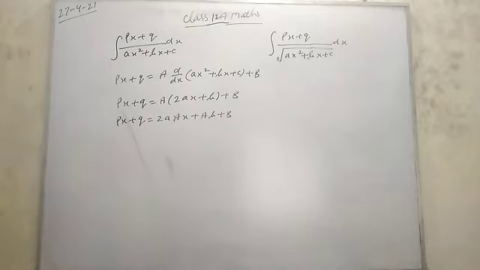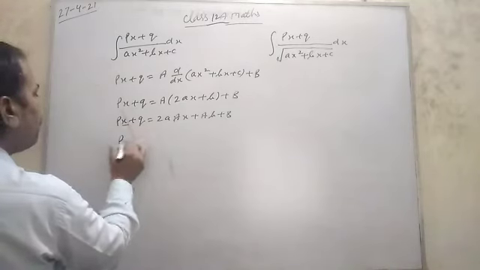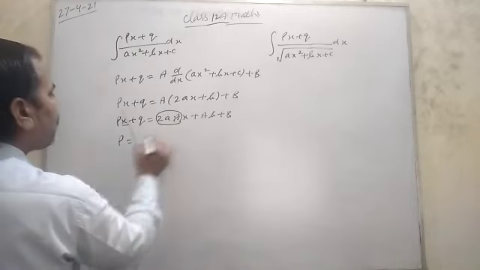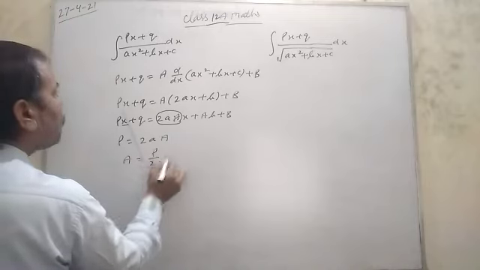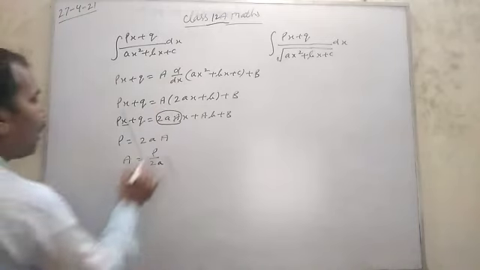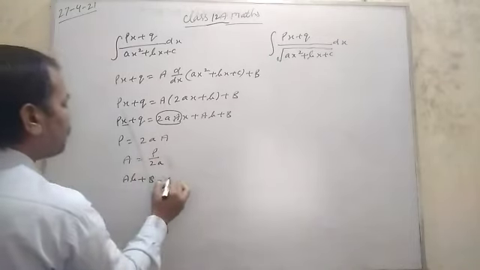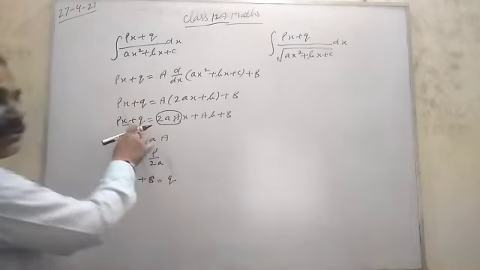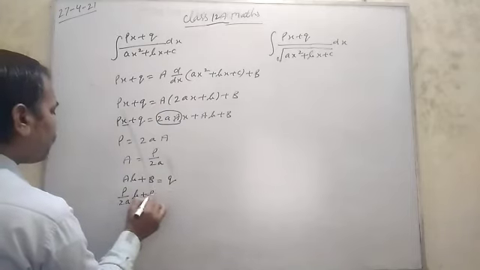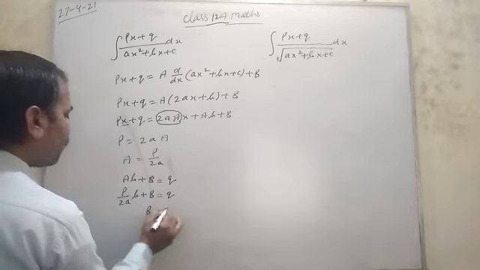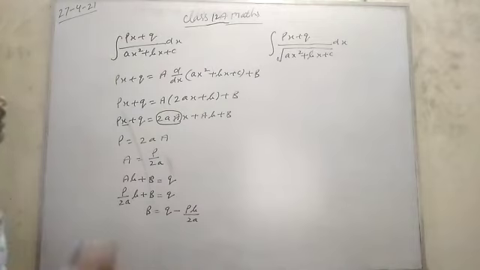Comparing both sides, the coefficient of x here is p and here is 2aA, so A will be p upon 2a. Then Ab plus B is equal to q, the constant. Putting A as p upon 2a, we get B equal to q minus pb upon 2a.